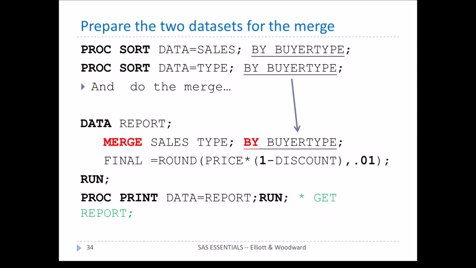It's going to be the final price that somebody paid for an item. And we're using some calculations here and some SAS functions, the round function that's going to round off whatever this number is. The 0.01 says round it off to 2 decimal places. And then we're going to print the report.